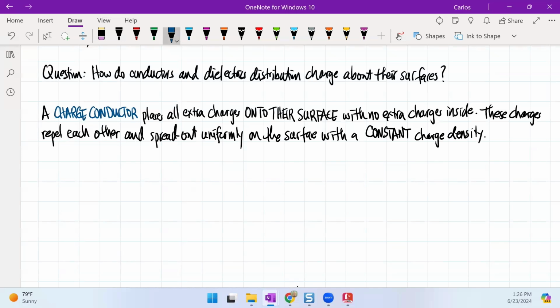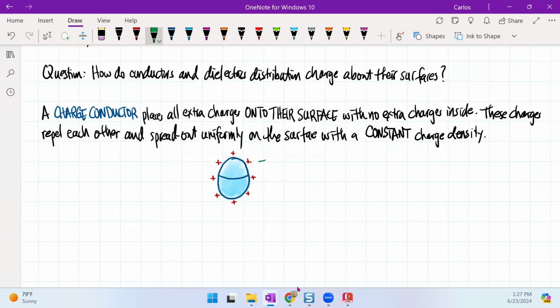So picture-wise, I imagine something like this. I have a sphere, and we're going to say it's a conducting sphere. When I have a conducting sphere, all of the charges are on the surface. Because they're repelling each other, they settle into an equilibrium state, which is lowest when they're spread out like this.